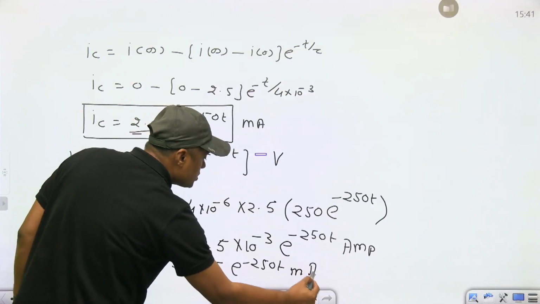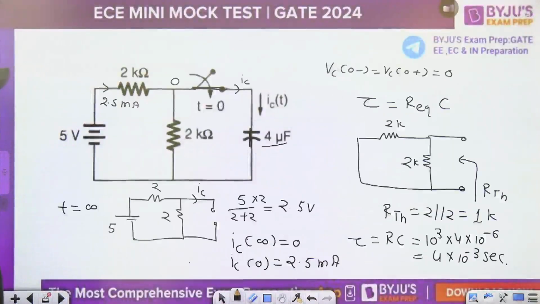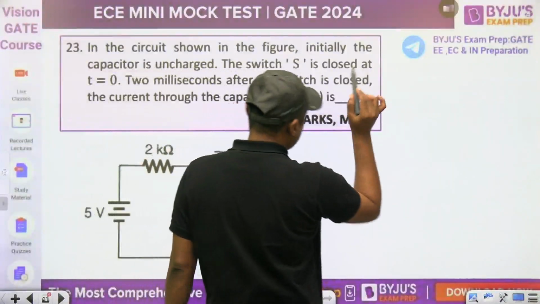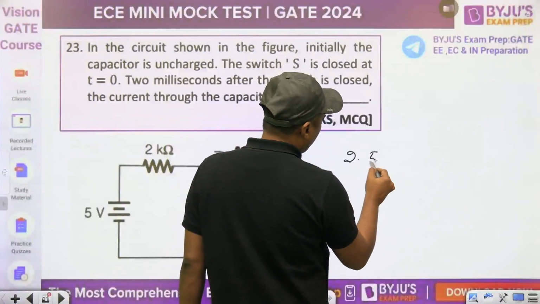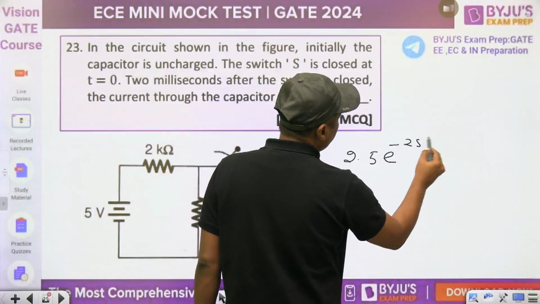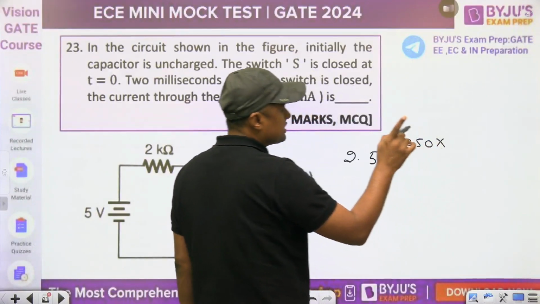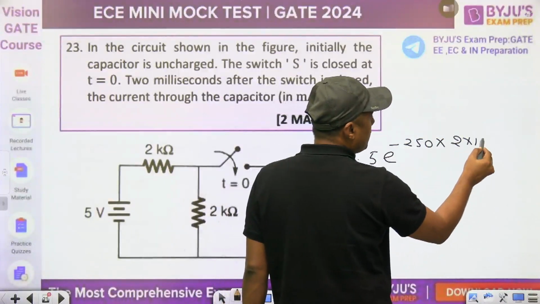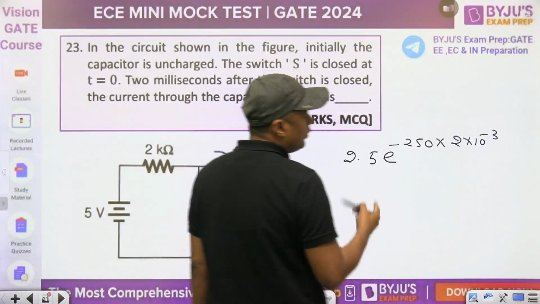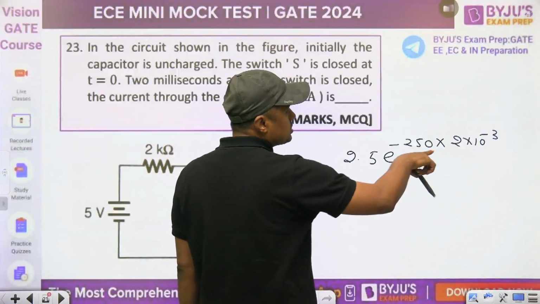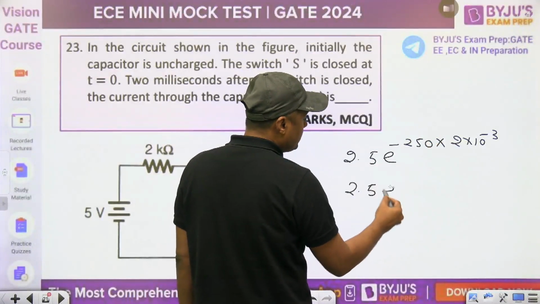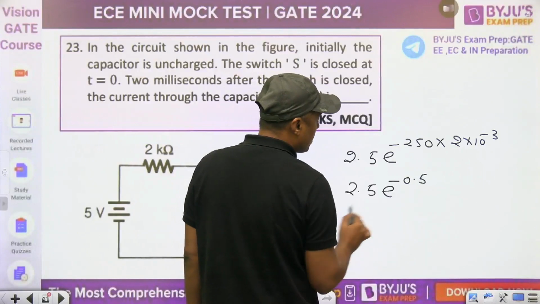What are we doing? First of all, get the equation. Now we want the current at what? 2 milliseconds. So 2.5 e raised to power minus 250 into 2 milliseconds. 2 milliseconds means what? 2 into 10 raised to power minus 3. 2 into 10 raised to power minus 3 means 500 into 0.5. So 2.5 e raised to power minus 0.5, that is your answer.